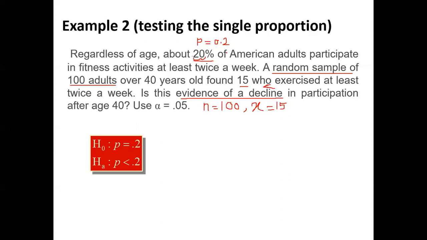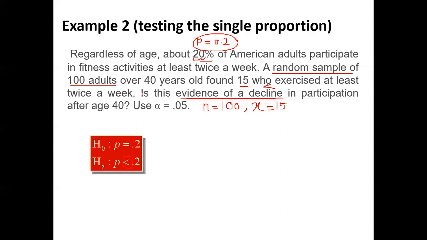And the alternative hypothesis, HA, is P, the proportion, less than 0.2.